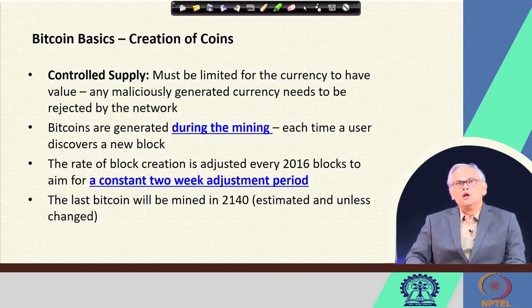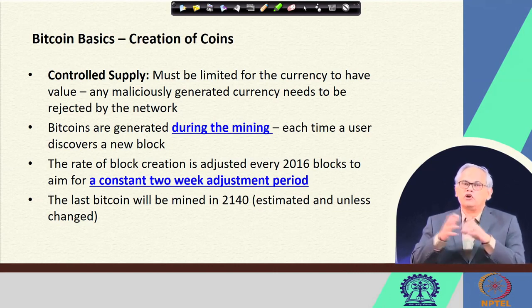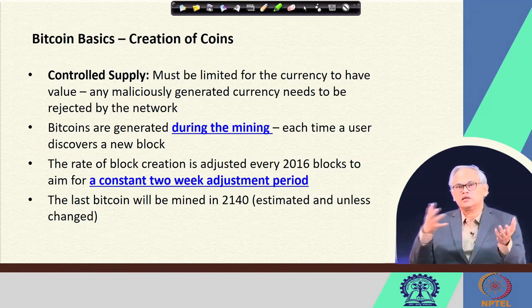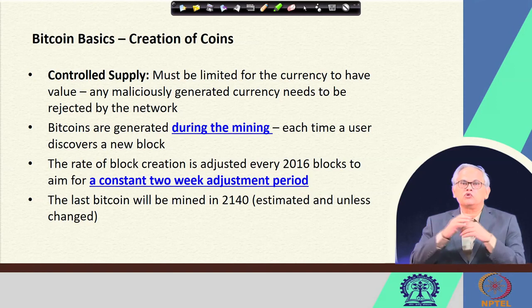So, if we see the generation of the coin, it is a currency, so there should be some way of so-called minting the coins, generation of the coins. Like any other currency we see in practice, we have the mints which mint the coins, and also we have these notes printed.